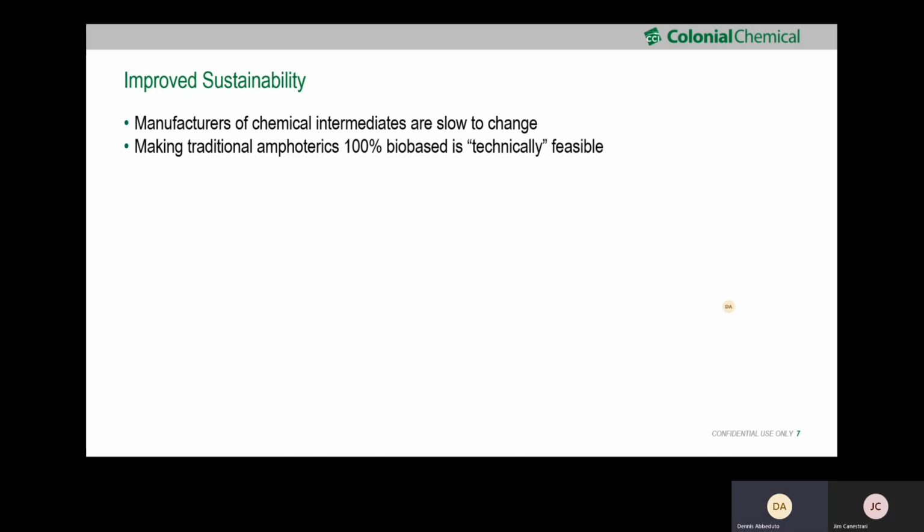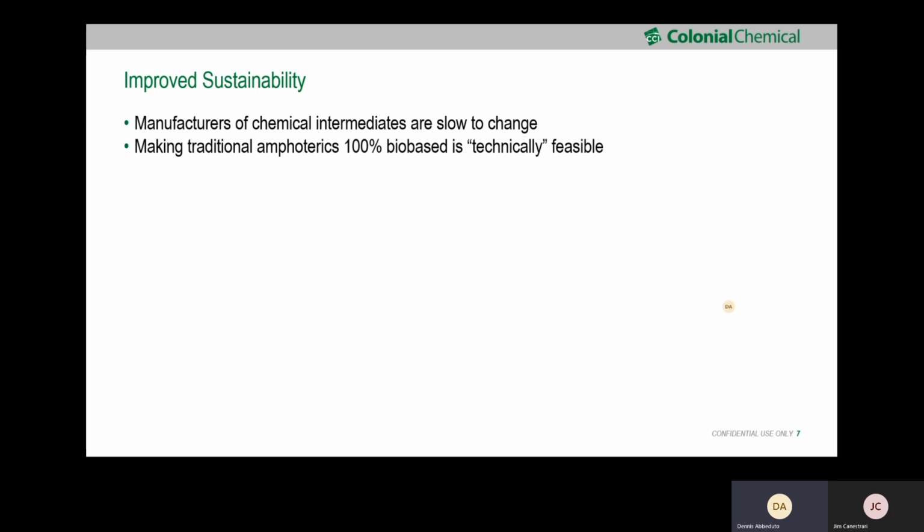And making traditional amphoterics 100% bio-based is technically feasible. Things like the fatty dimethylamines could use bio-based methanol, that's produced from, you know, fermenting a variety of cellulosic products.